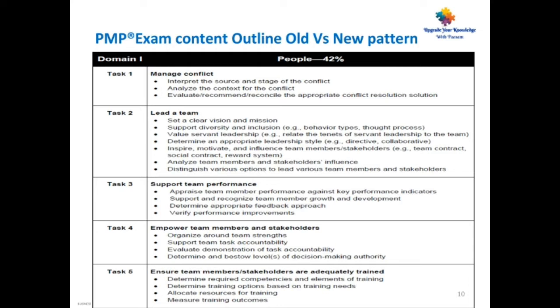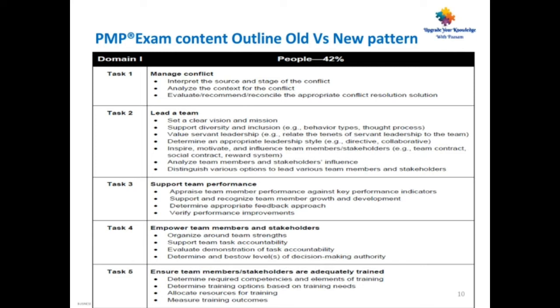And task 2 is lead a team: set a clear vision and mission, support diversity and inclusion, behavior types, thought process, value servant leadership, determine an appropriate leadership style, for example directive or collaborative, inspire, motivate and influence team members and stakeholders.